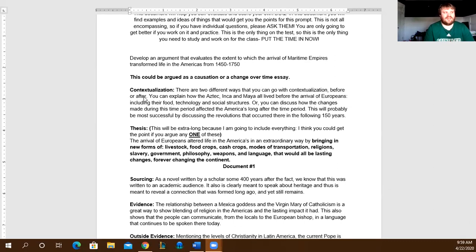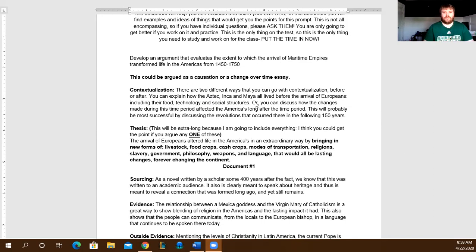So the time period ends at 1750. Well, a lot of things happen after 1750, right? We end up with all of the revolutions occurring throughout the Americas, and also the Caribbean. But you can really get the contextualization point here by focusing before or after, right?